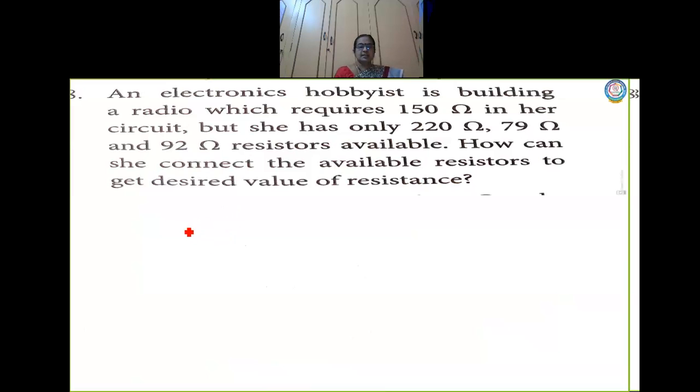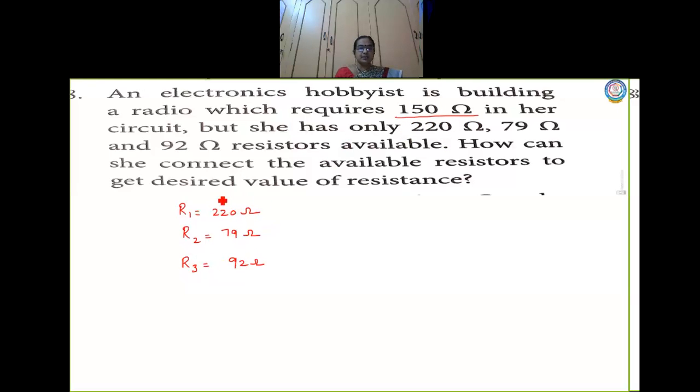So let us write the value of R1 to be 220 ohm, children. Then R2 is 79 ohm and R3 is 92 ohm. So these three resistors she is having. But what she wanted is a resistor whose value is 150 ohm, which is not there.